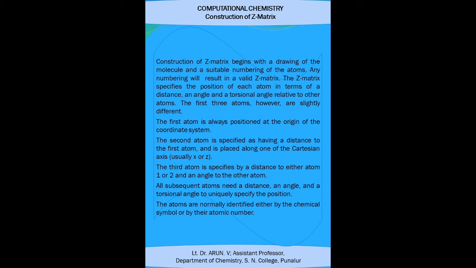The third atom is specified by a distance to either atom 1 or 2 and an angle to the other atom. All subsequent atoms need a distance, an angle, and a torsional angle to uniquely specify their position. The atoms are normally identified either by the chemical symbol or by their atomic number.